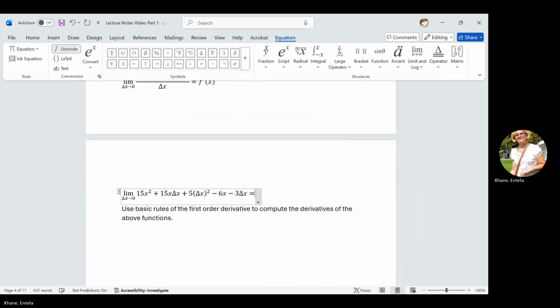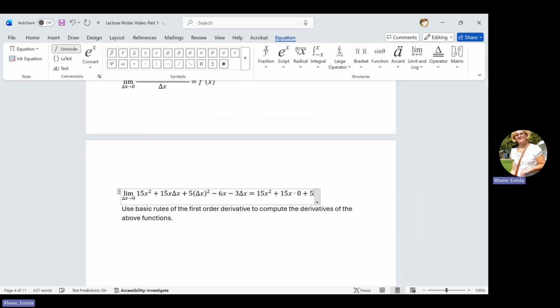Okay. Now, that means wherever I see delta x, I'm going to make it a 0. Everything else stays the same. So the first term does not have a delta x, so that's going to stay as it is. Plus, second term, 15x will be multiplied by a 0 because delta x is 0.